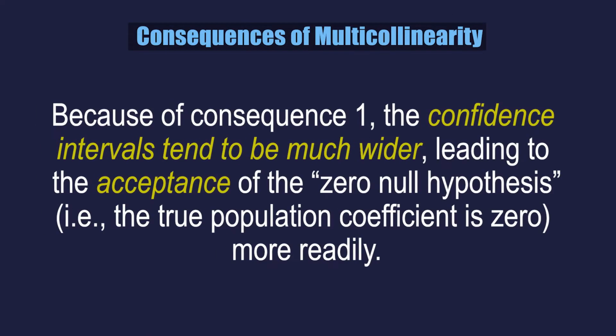Secondly, we talk about consequence 1, where because of the large variance, the confidence intervals tend to be much wider. If the confidence interval is much wider, then the rejection of the null hypothesis will actually be very rare. This type of problem results in insignificance of the explanatory variables. Because if the standard error is very high, then automatically the value of the test statistic will be small, because in the test statistic the standard error lies in the denominator.